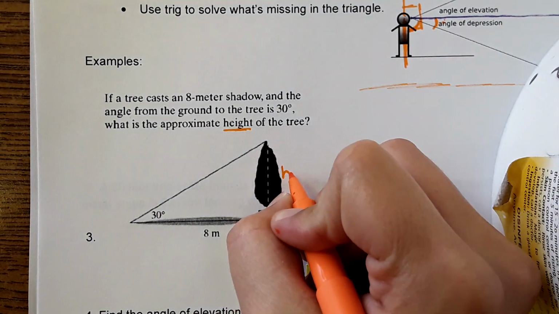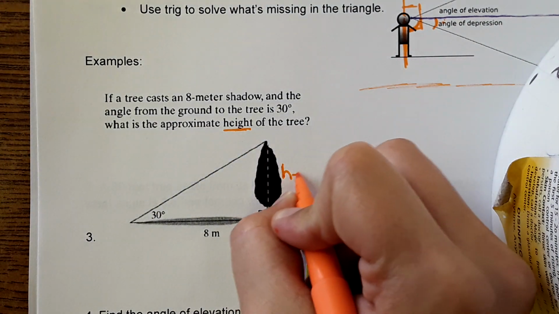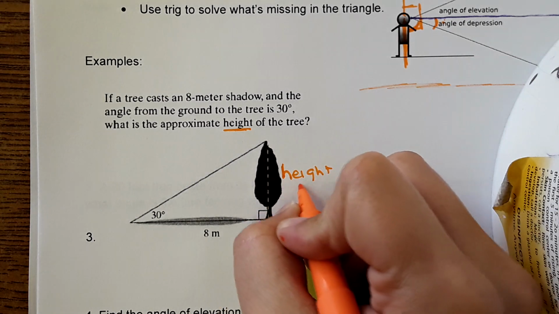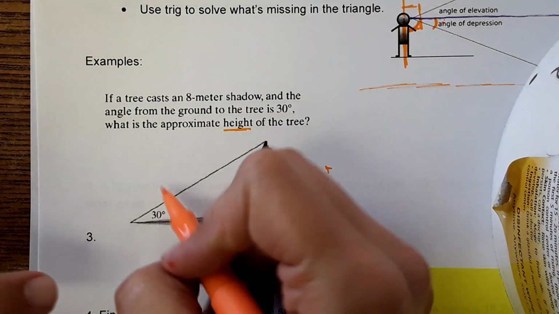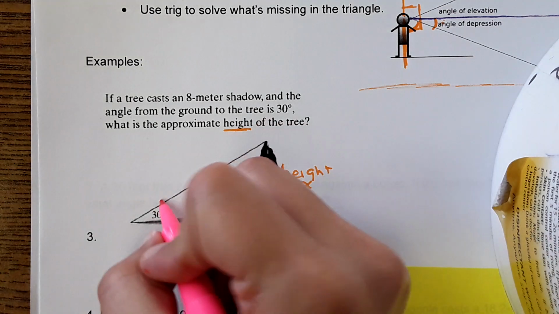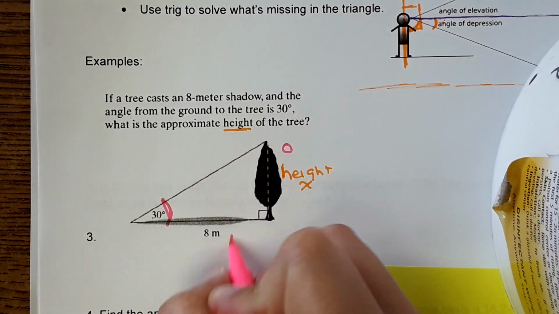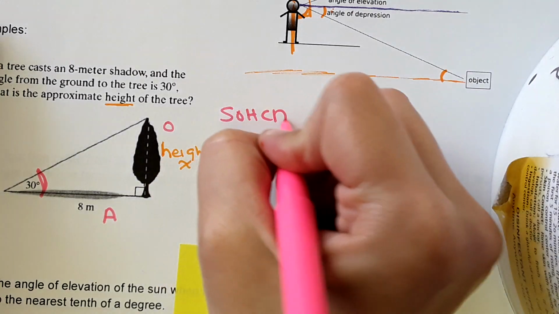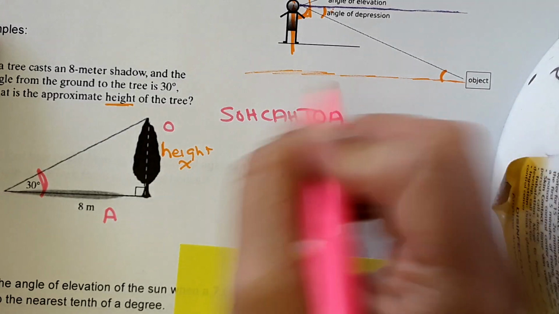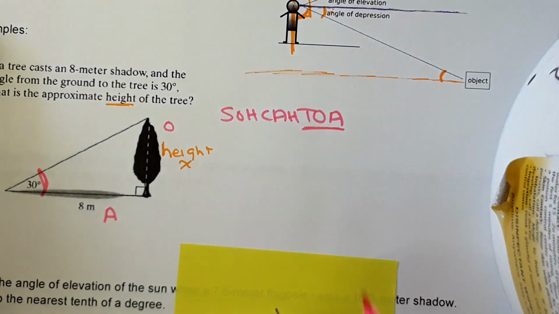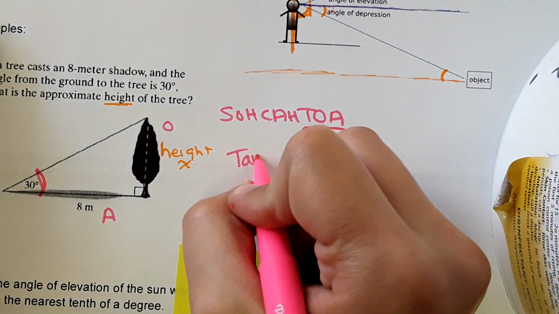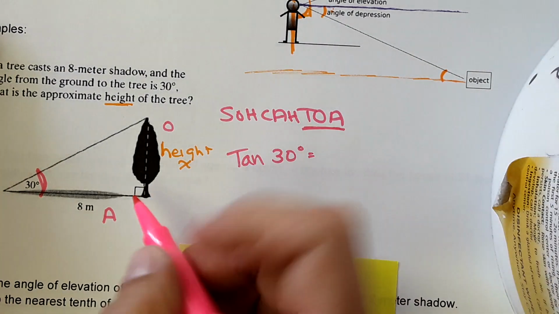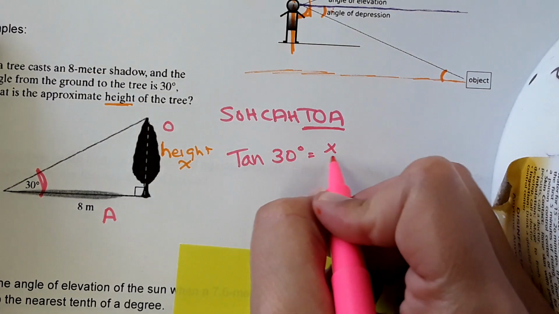So we're trying to find this height right here. Height of the tree. So this will be our x. Okay, so based on this angle, we have opposite and adjacent. And using SOHCAHTOA, opposite and adjacent would be tan. So we'll set this up, tan of 30 degrees equals x over 8.